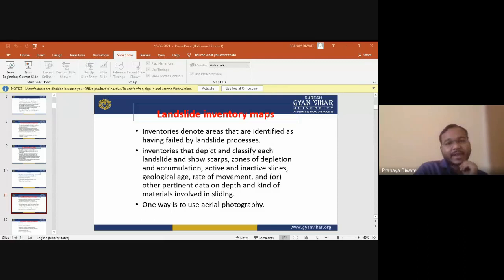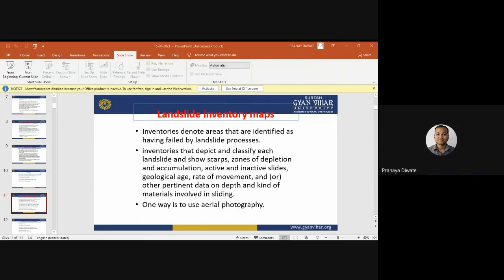Seeding with grasses and legumes reduces surface erosion, which under certain conditions can lead to landslides. Your vegetation is very important.